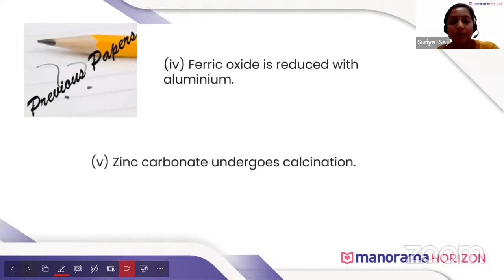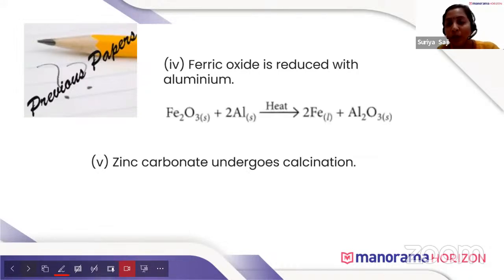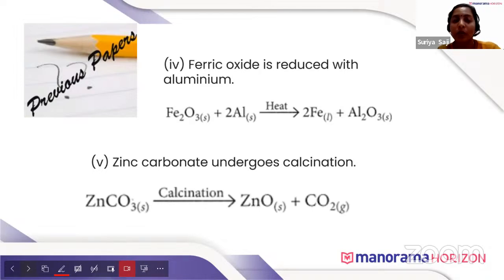Then next, ferric oxide is reduced with aluminum. So aluminum undergoes oxidation and Fe undergoes reduction. We'll get Fe and Al2O3. When zinc carbonate undergoes calcination, we'll get zinc oxide and carbon dioxide.